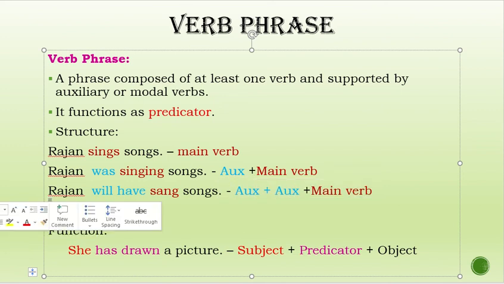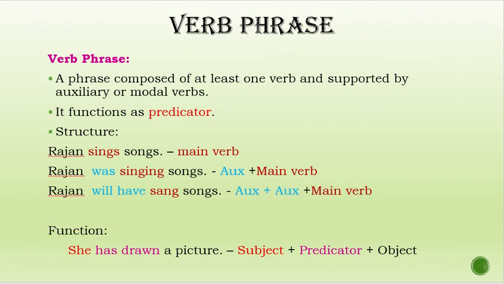When we develop the sentence again as Rajan will have sung songs, here are two auxiliaries, two helping verbs, auxiliaries plus main verb: will have sung.